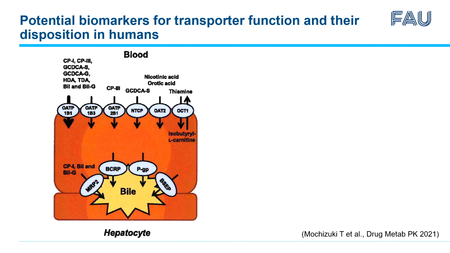So this field of OATP1B biomarkers is really quite well advanced and well studied. And there are other interesting biomarkers, for example, isobutyryl-L-carnitine for OCT1, the uptake transporter for organic cations in the liver.